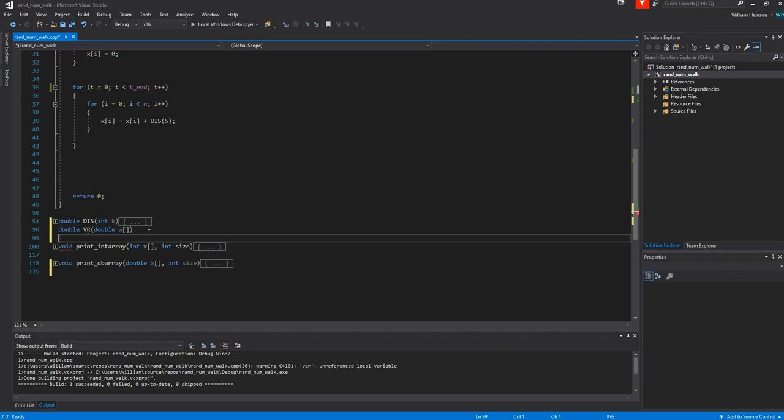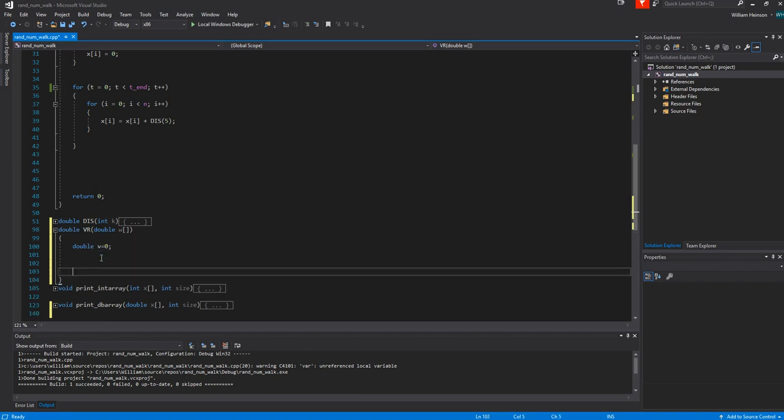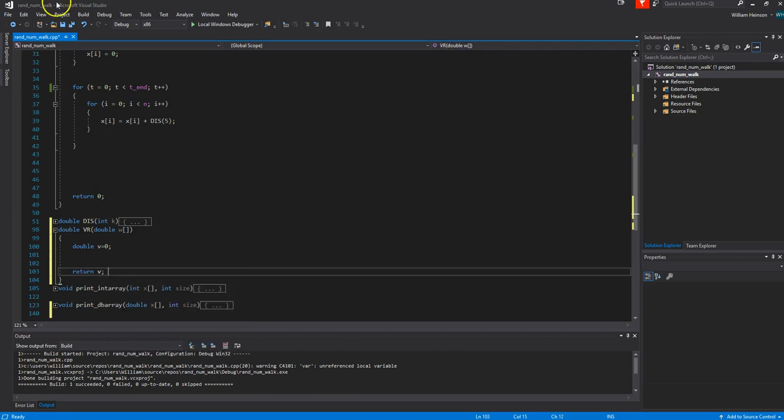So we make a function and set a double for the variance, set that equal to 0, and we're going to return it.